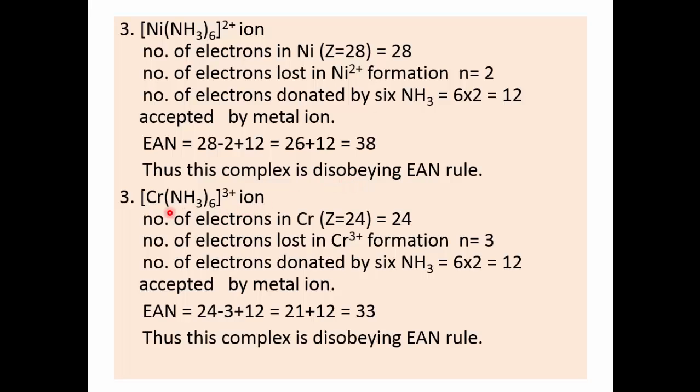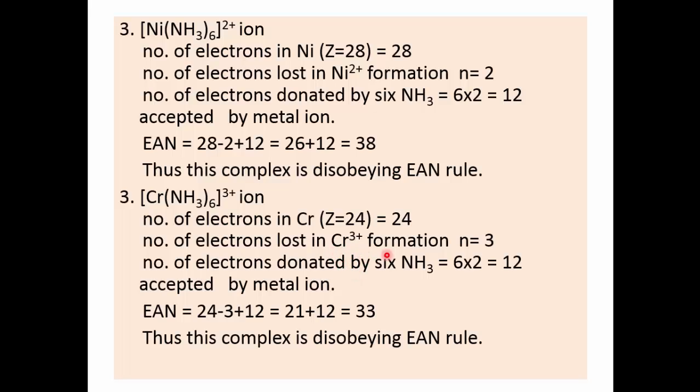Then the next one, here chromium attaches to 6 ammonia molecules. There is a 3+ charge, and this 3+ is from chromium because there is no charge on ammonia. The atomic number of chromium is 24, so the value of Z is equal to 24.